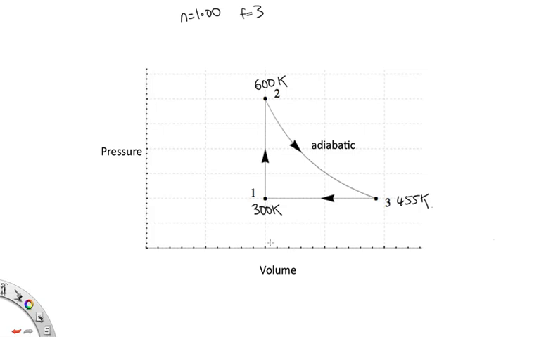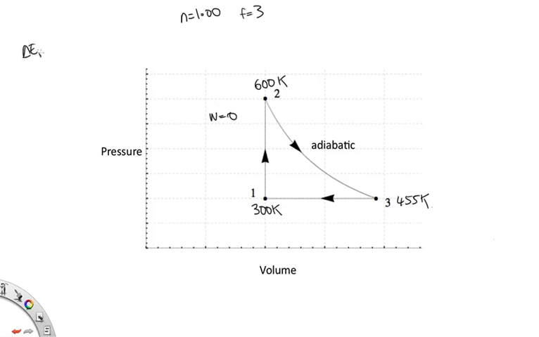Well, going from 1 to 2, the volume's not changing, so that immediately tells us that the work is equal to 0. Now, we can either calculate the heat using the CV case, or we can calculate the change in internal energy. Let's do the change in internal energy.